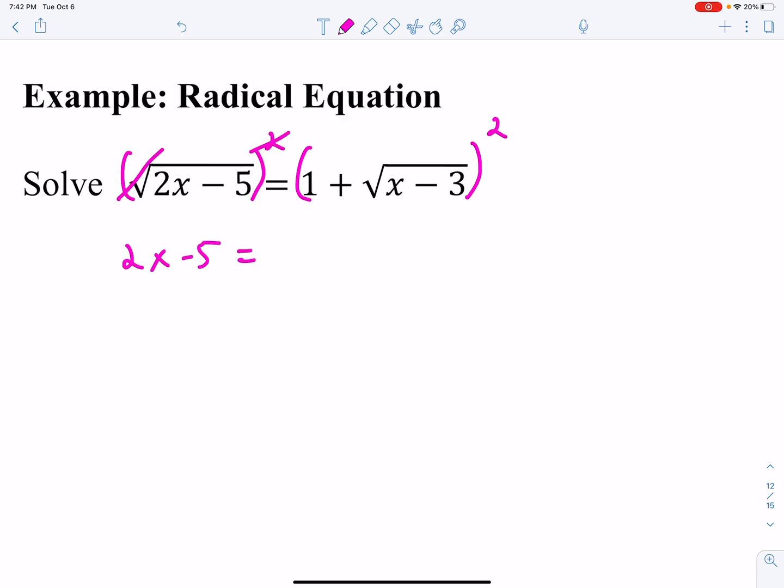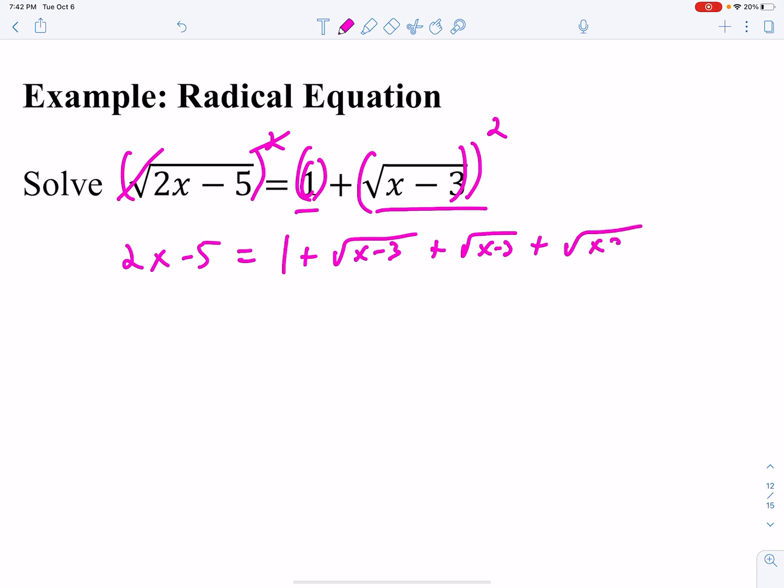Now what we have to do here is FOIL. This is one term, this is the other term. FOIL: first, outside, inside, last. First times first, 1 times 1 is 1, plus outsides, radical x minus 3, plus insides, radical x minus 3, plus radical x minus 3 squared, because that's the last term times the last term.